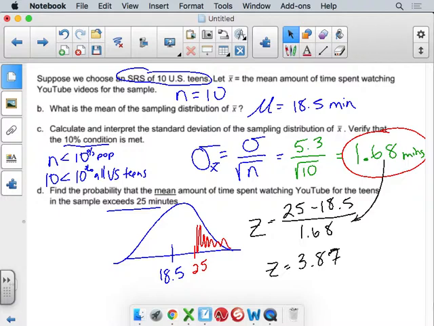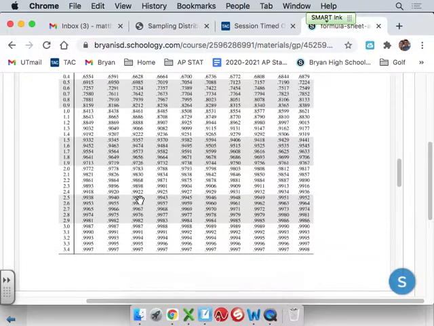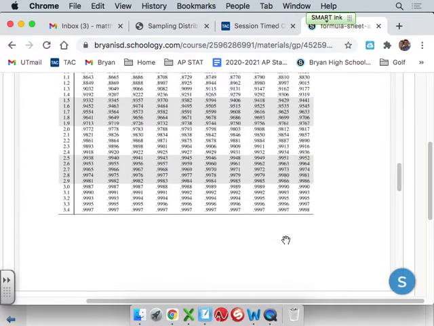So let's look up that value. It's not on our table. Okay, so what you could do is this is the smallest known value that we have.